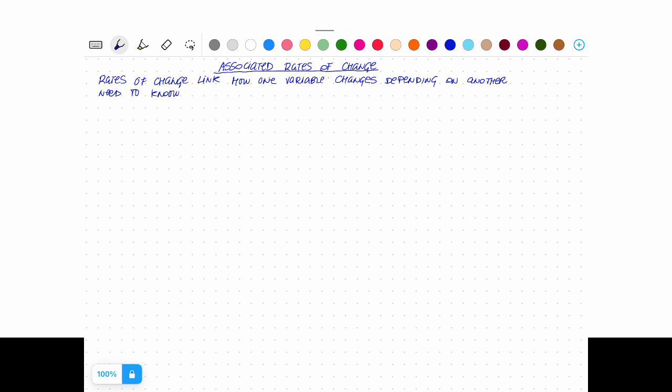First, you need to know how to form expressions, because these are always going to be word problems. And then you need to know how to derivate, and we're going to use Leibniz notation. So we're going to use it as dy dx because it's much easier to see.